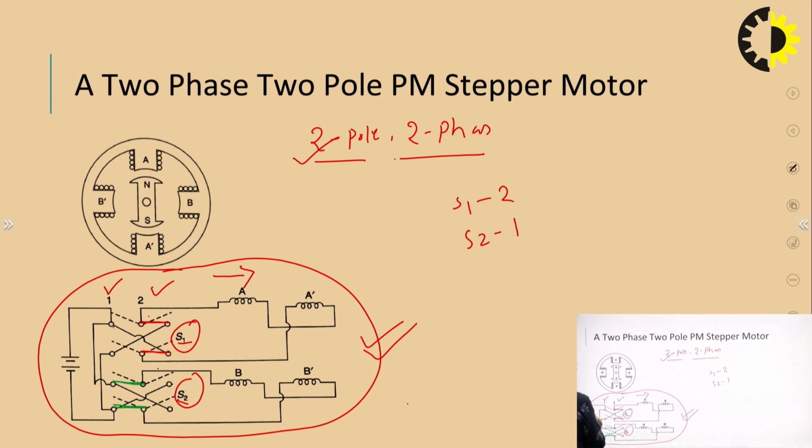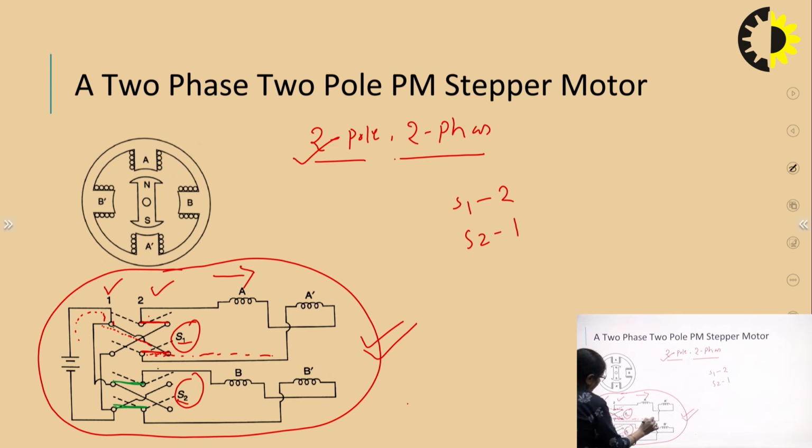Starting from the positive of the supply, going here, reaching here, going here. Let us consider the direction of current for phase A first. So, phase A is getting connected here. Just follow the dotted red line. Then it is here. Then it is connected to this.